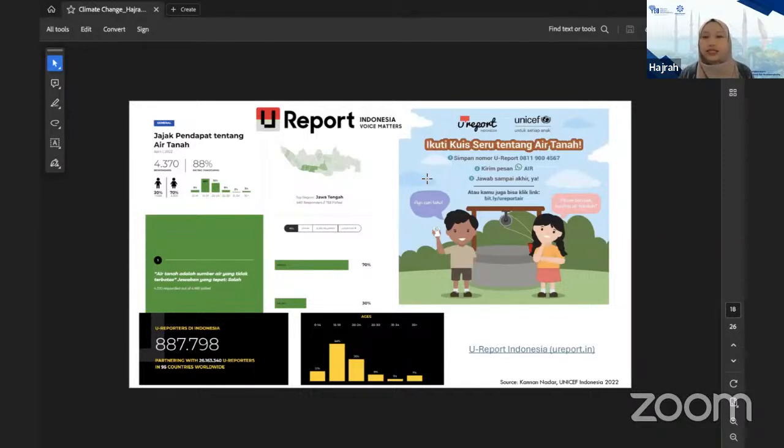So if you are interested in this for your country, you can look for U-Report. I'm searching some from other countries like Uganda. They are already doing this U-Report as well. And in Indonesia, we are very active in gaining insight from the youth using this U-Report.